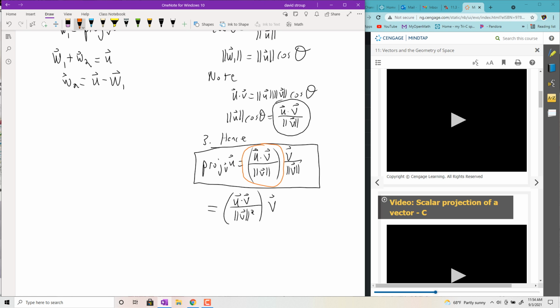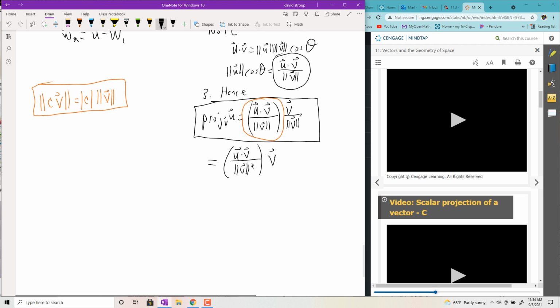And then we know that the magnitude of a constant times a vector is equal to the absolute value of that constant times the magnitude of the vector. And if the magnitude of the vector is 1, then the magnitude of that projection is just going to be the constant. Okay. So hopefully that won't be too big of a headache. It's kind of annoying, but let's take a look, okay?